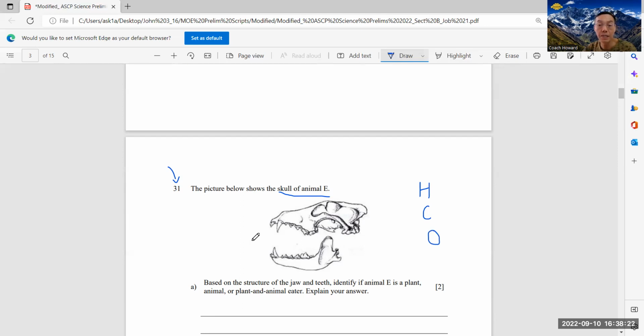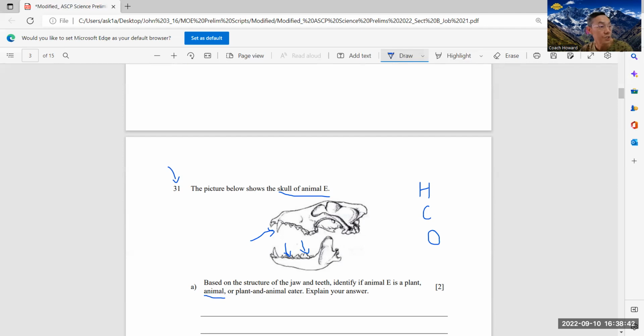Okay, by looking at this structure, you can see this is a very sharp canine teeth, and in fact, the middle section are all sharp teeth. Even the end here, these are sharp teeth. So this is definitely a carnivore. So you should say this is an animal eater, and you got to explain why.